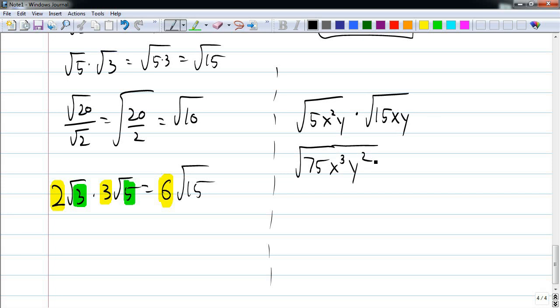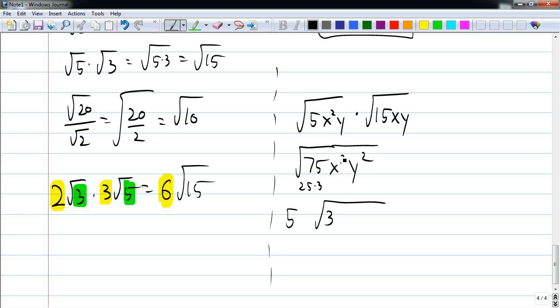And then I simplify this radical. 75 is 25 times 3. So I get a 5 outside and a 3 inside the radical. X to the third, dividing this by 2 because this is a square root.